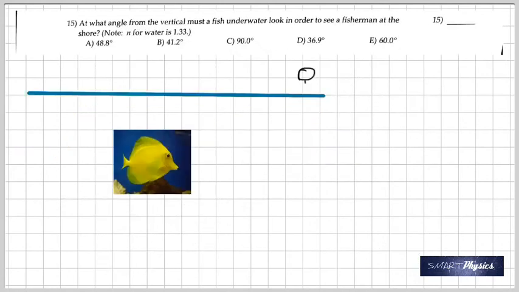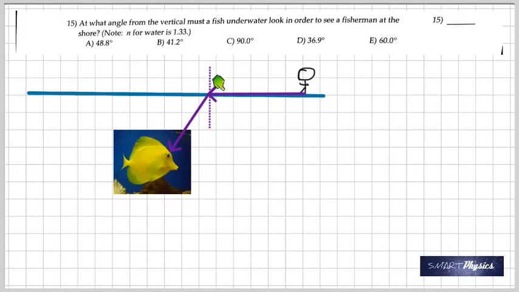And the last one, fish seeing the fisherman. The fish is underwater, and the ray of light from the fisherman reaches the eye of the fish. And from the diagram, you know that surely this angle is the critical angle, because the angle here is 90 degrees, right?